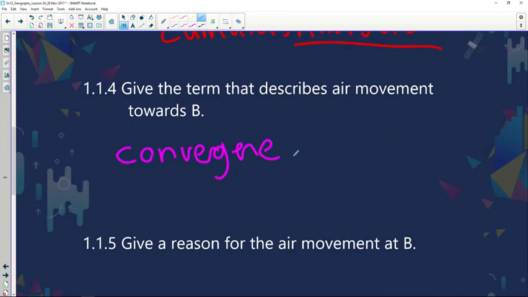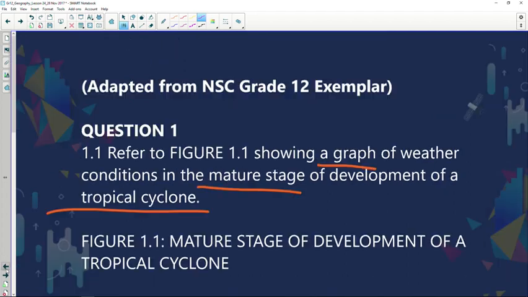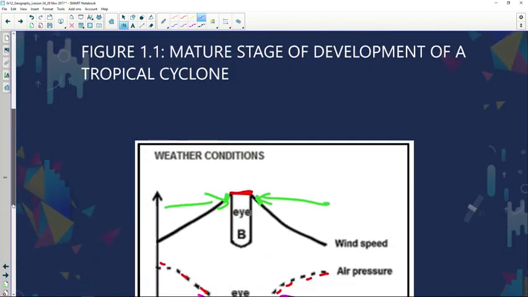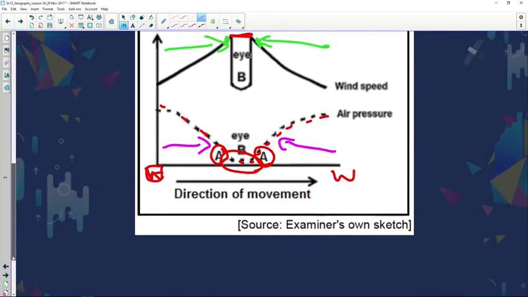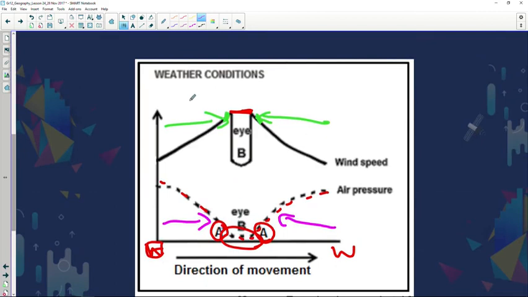convergence of air. Now give a reason for the air movement at B. Now simple reason, what happens over there. The air rises and then there's divergence in the upper atmosphere. If you look at the diagram over here, as you can see, there's upper air divergence.